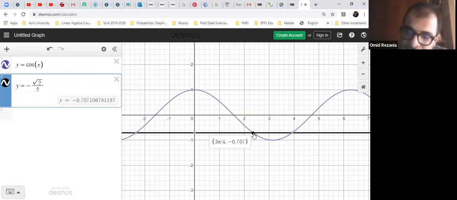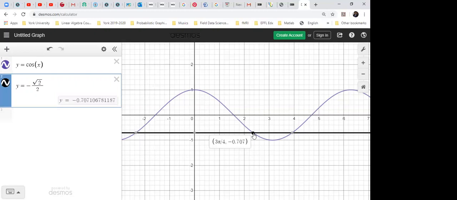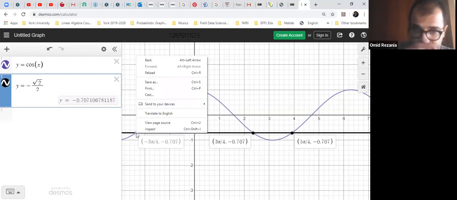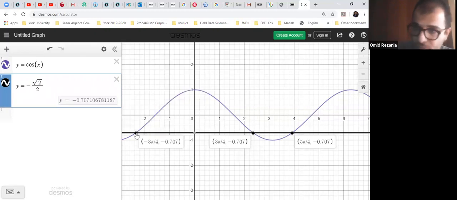You see, it doesn't matter which method you use, you always get the same common points between the husband and the wife, which are the two equations we had. Look at the next intersection. 5 pi over 4. The previous one, minus 3 pi over 4.